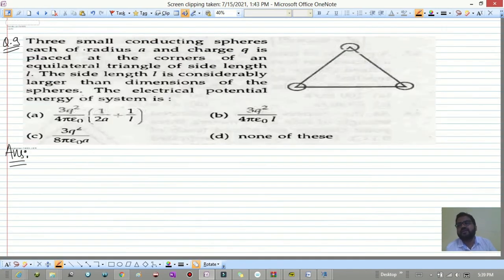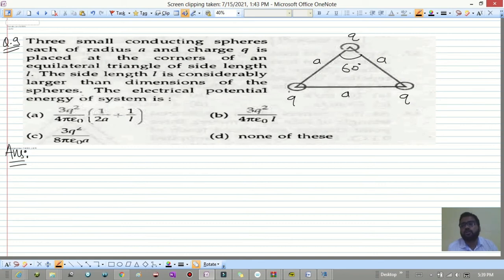Next problem: three small conducting spheres, each of radius a, with charge q, are placed at the corners of an equilateral triangle, each angle 60 degrees. The side length L is considerably larger than the dimensions of the sphere.